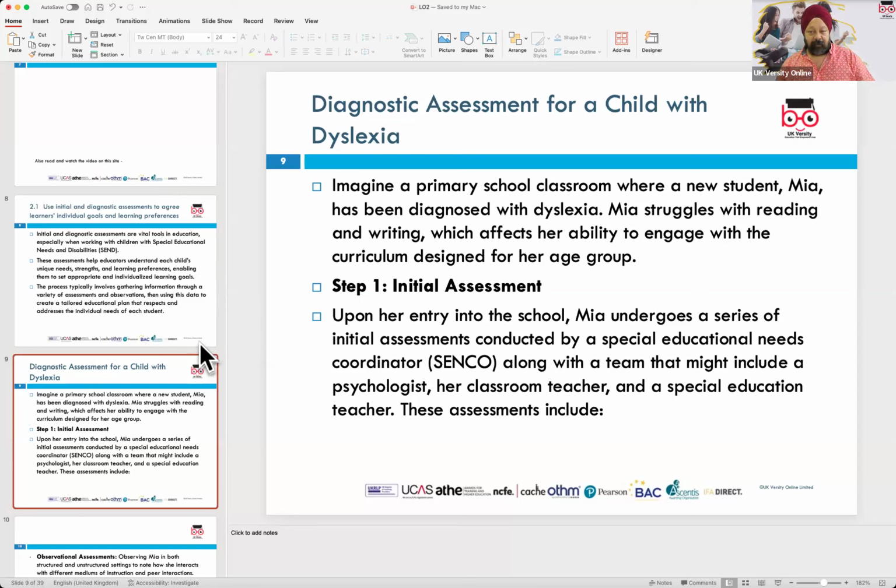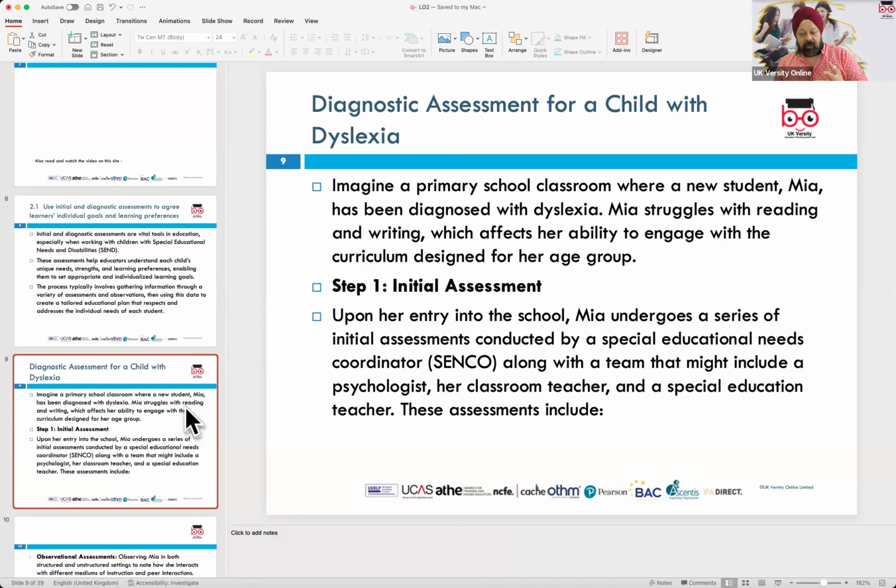So I've taken an example of a child who has undergone a diagnostic assessment, and we found that the child has dyslexia. The initial assessment for Mia, a hypothetical example here, involves a lot of initial assessments conducted by the special educational needs coordinator in the school.